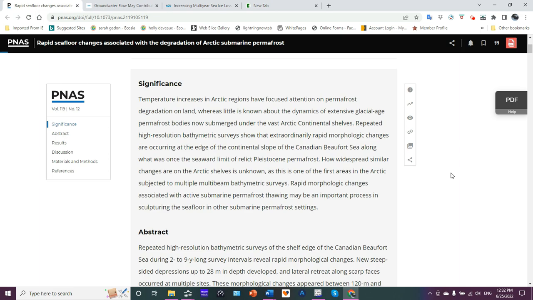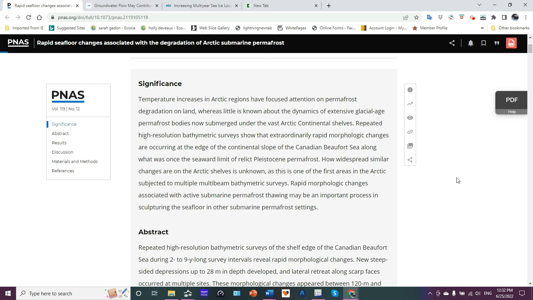So, what is the significance? Temperature increases in Arctic regions have focused attention on permafrost degradation on land, whereas little is known about the dynamics of extensive glacial age permafrost bodies now submerged under the vast Arctic continental shelves.